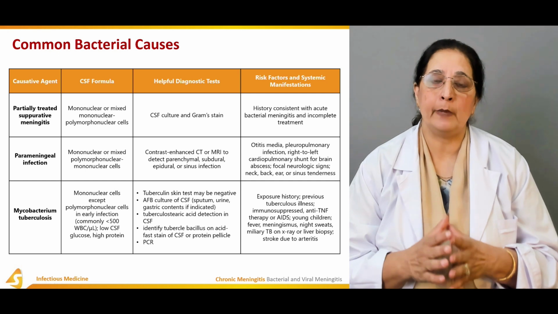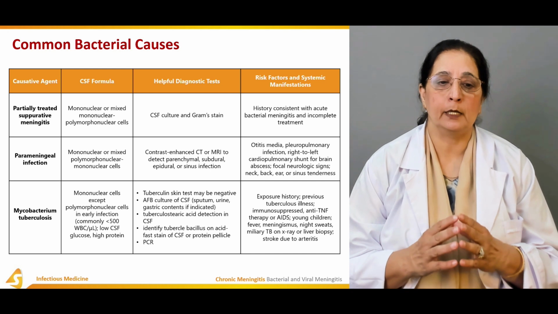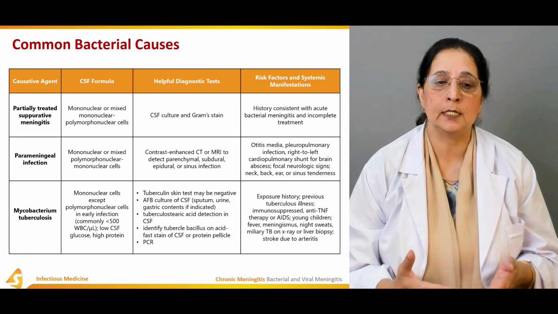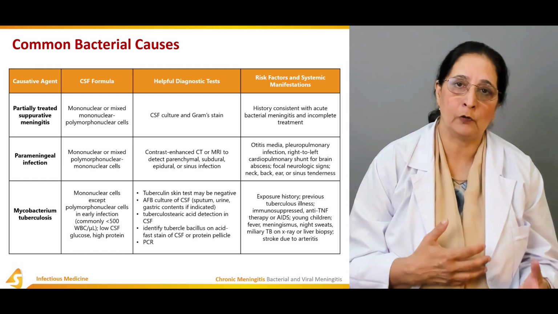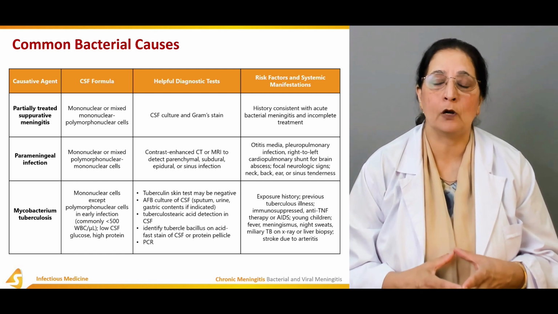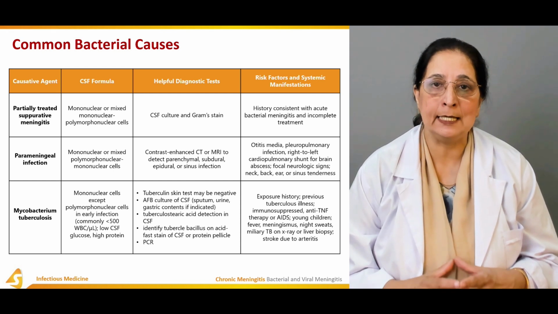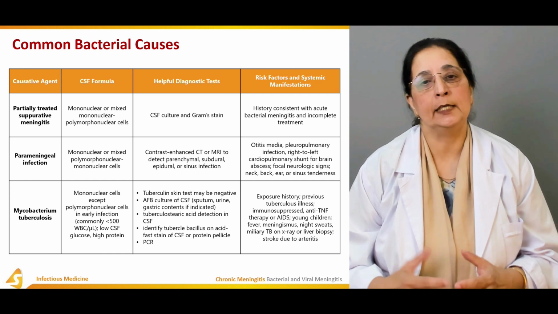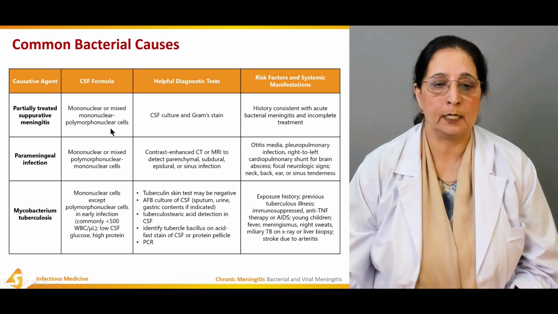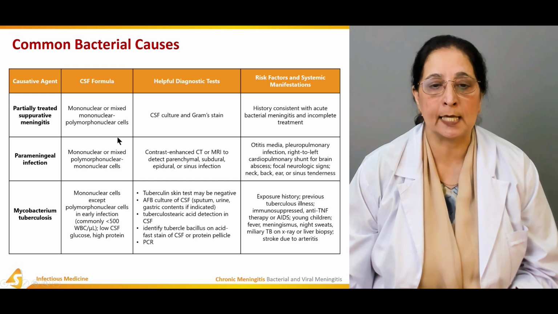So in this case, remember the suppurative type of meningitis: different microorganisms like streptococcus and staphylococcus cause acute meningitis, and if it is not treated completely, if it is only partially treated, it can become chronic meningitis.